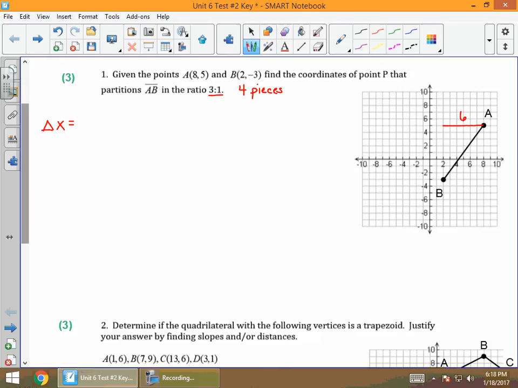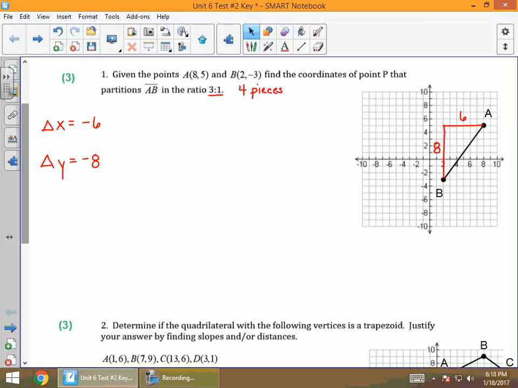So since I'm going left, this is negative 6. And my change in y values from point A down to point B, I'm heading down, and that's 8 units down. So my change in x is negative 6. My change in y, as it went down, is negative 8.